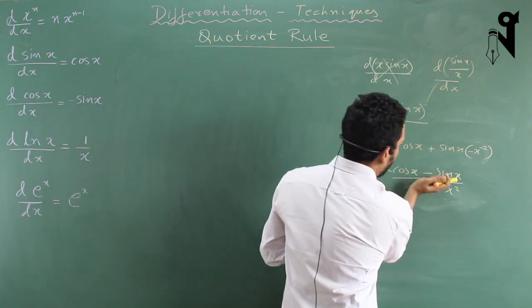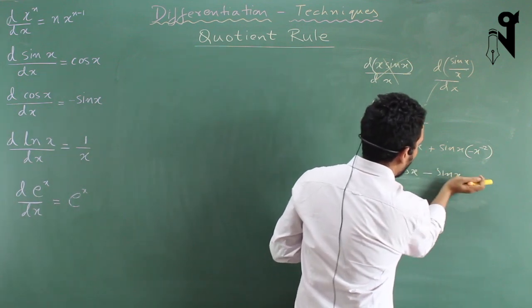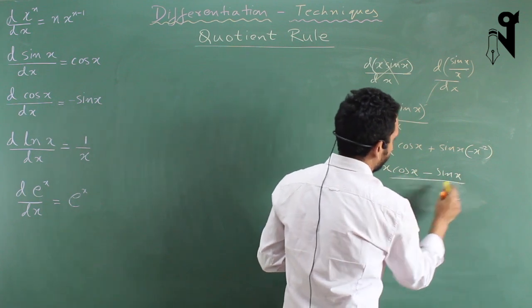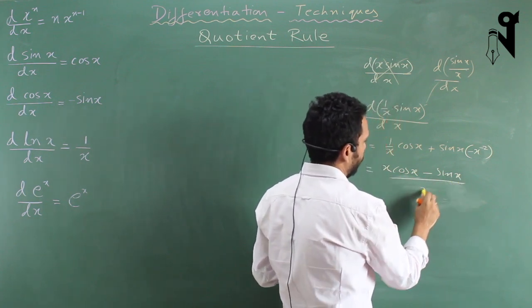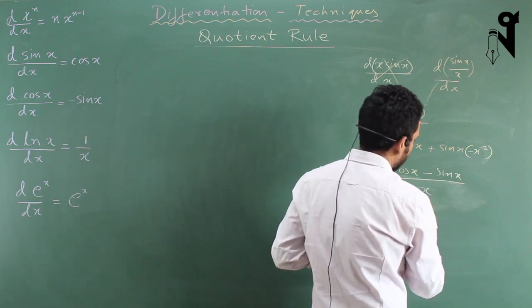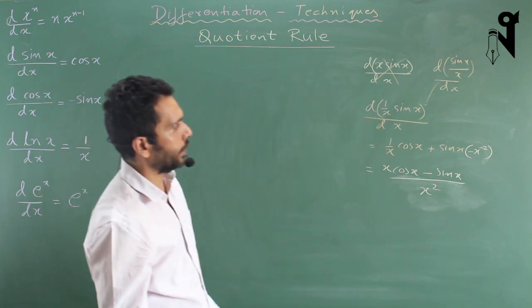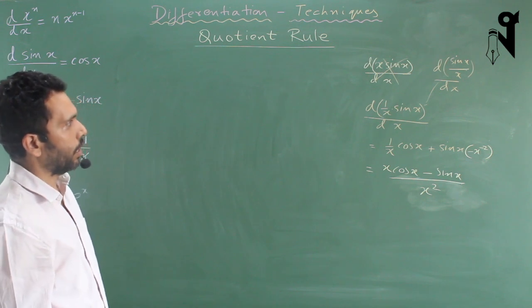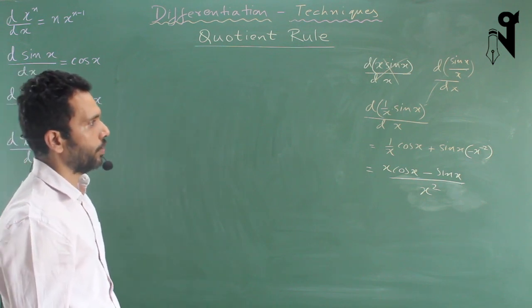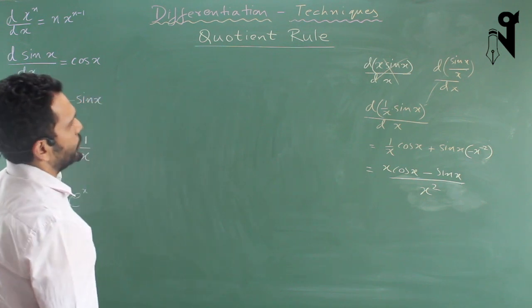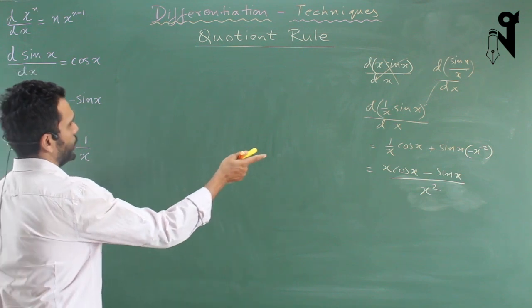So this and that one have the same denominator. And it looks like this, right? So have we used any quotient rule yet? No, we haven't.